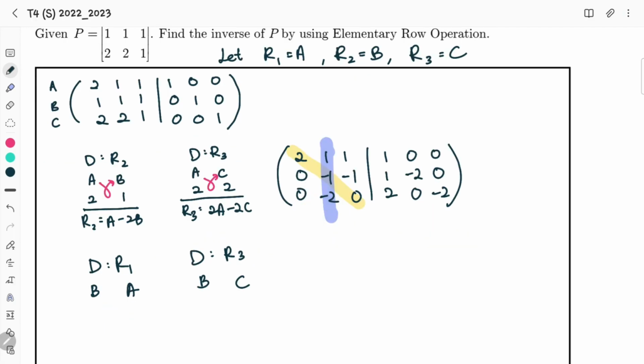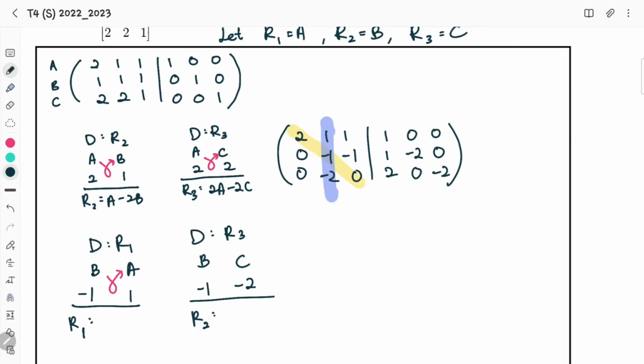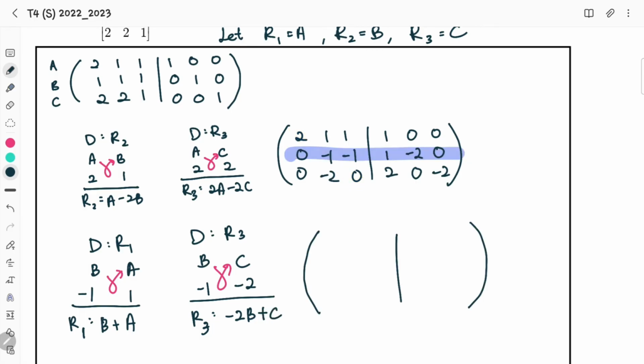So the diagonal is B, row 1 is A, and then row 3 is C. The formula for row 1 will be B minus negative A, or you can just simplify that to B plus A. Then row 3 will be negative 2B minus negative C, which is plus C. Row 2 remains, so 0, negative 1, negative 1, 1, negative 2, 0.